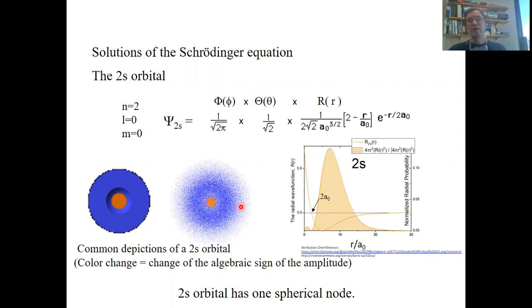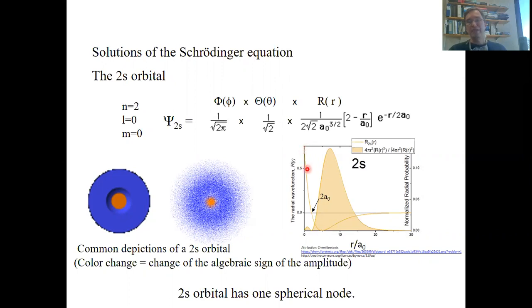Now what about the probability to find the electron at a particular point in space and at a particular distance from a nucleus? You see again here that very close to the nucleus, the amplitude of the wave function is at the greatest, so the probability to find the electron very close to the nucleus is still the greatest.